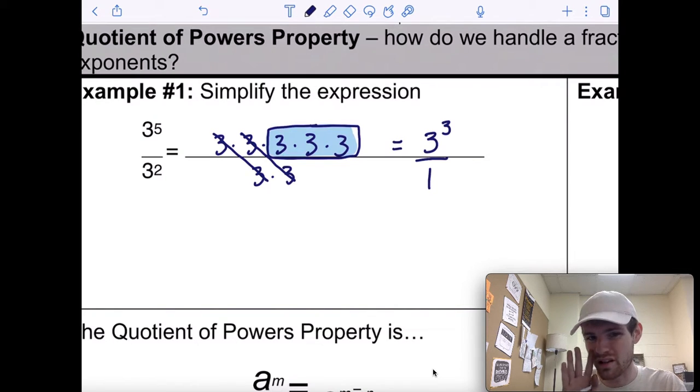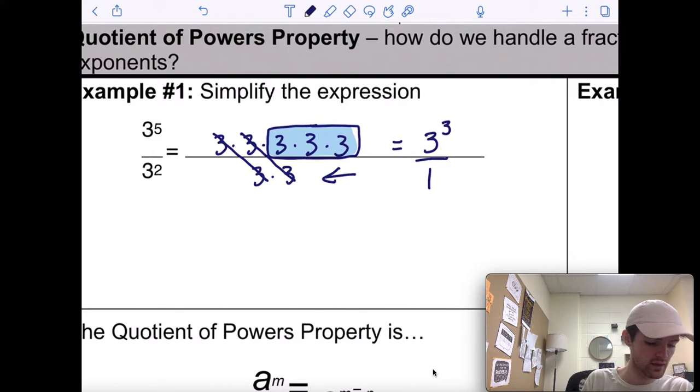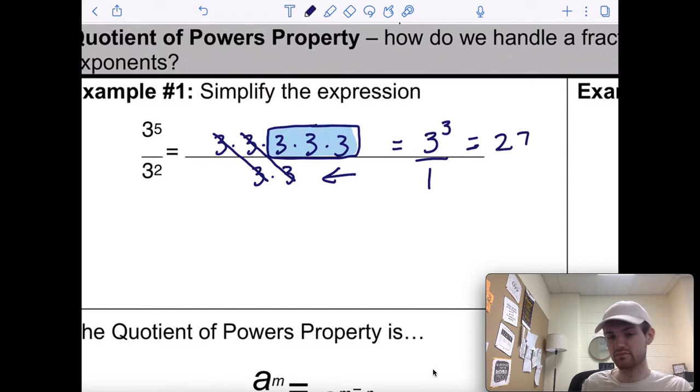We put it over 1 because all of the stuff in the denominator canceled out. All we have left to do is calculate 3 to the third power is 27. Great. 27 over 1, but once again, when we simplify, we don't need to write that.